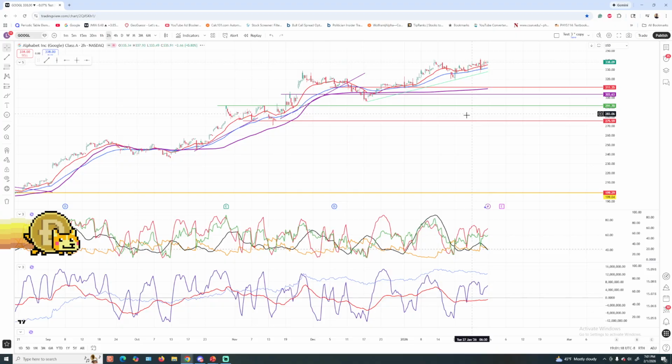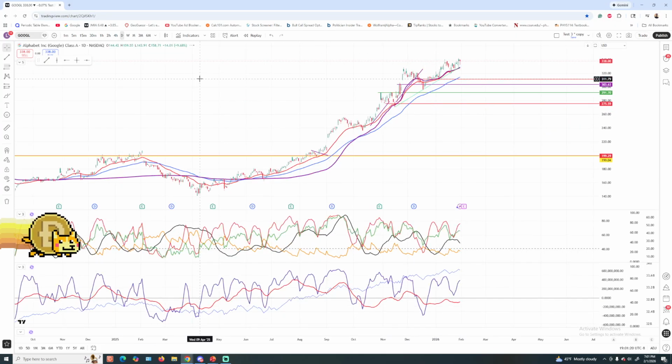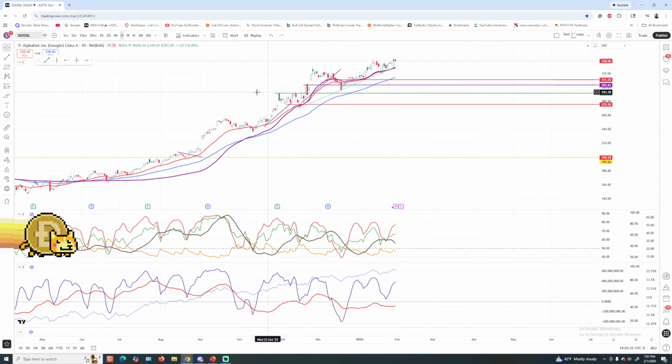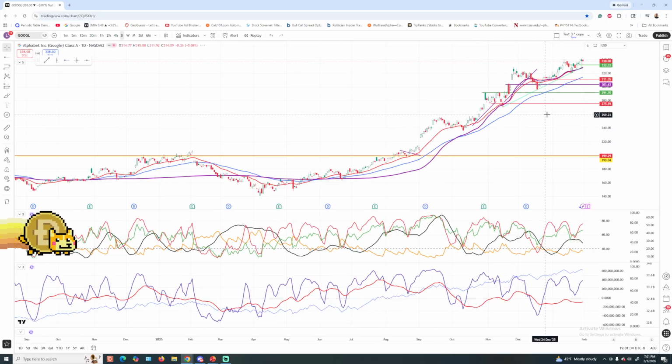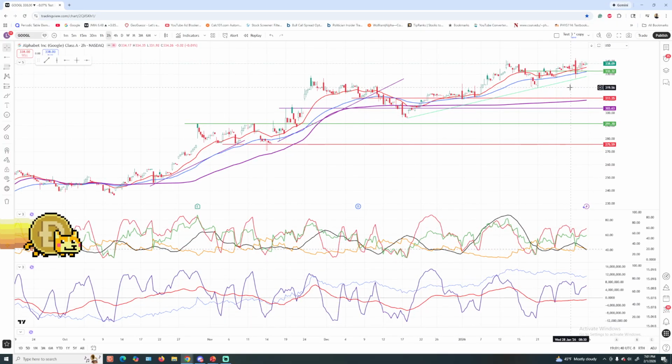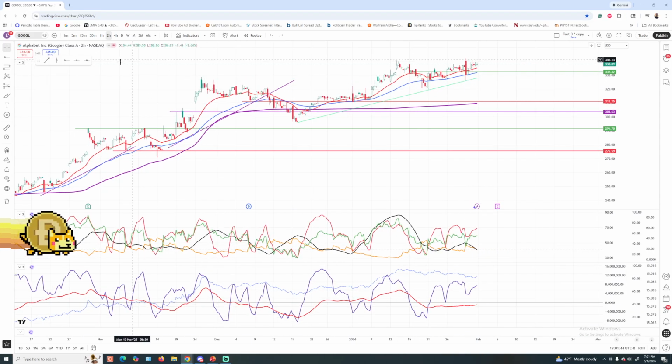Google. I said calls on Google last time because we saw Google on the list last time. Just based on the daily, it looks fine, really. So that's the daily resistance. I want to see if it breaks above the 2 hour. Here's its 2 hour resistance right there.